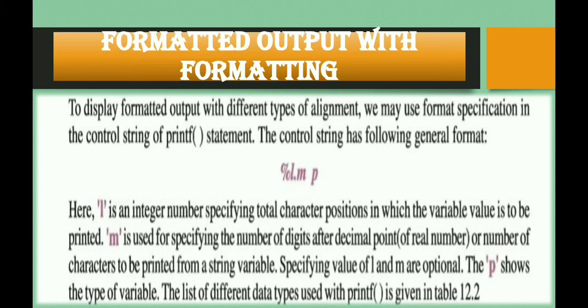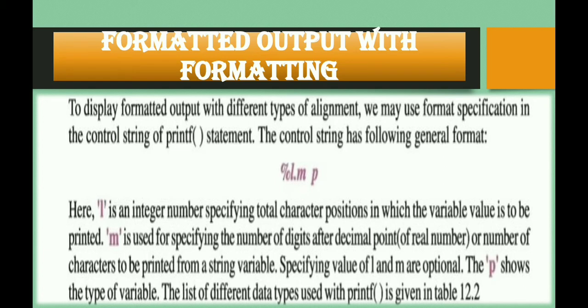L is an integer number specifying the total character positions in which the variable value is to be printed. So with L you can specify the length of your variable.